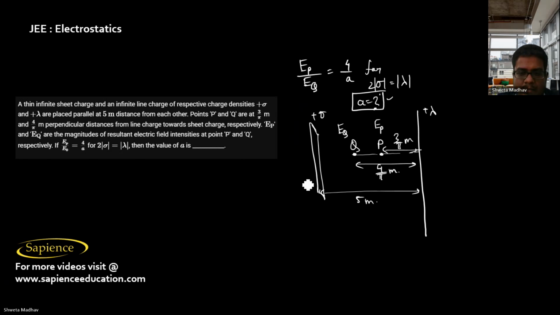Now the electric field. Here we will have repulsion; the electric field at the point P, here there is repulsion, here also there is repulsion.